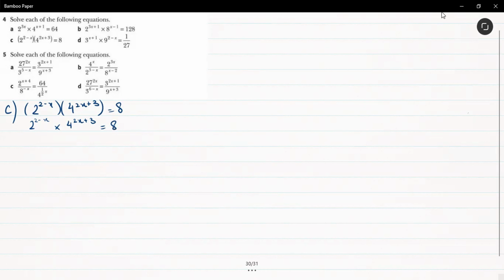The reason why I'm writing this in this form is because they are all single digits. For example, this is 4 raised to the power and this is 2 raised to the power 2 minus x. If this had been something like 2 plus 6, this is just an example, multiplied by 3 multiplied by 6, I could never write this as 2 plus 6 multiplied by 3 multiplied by 6.